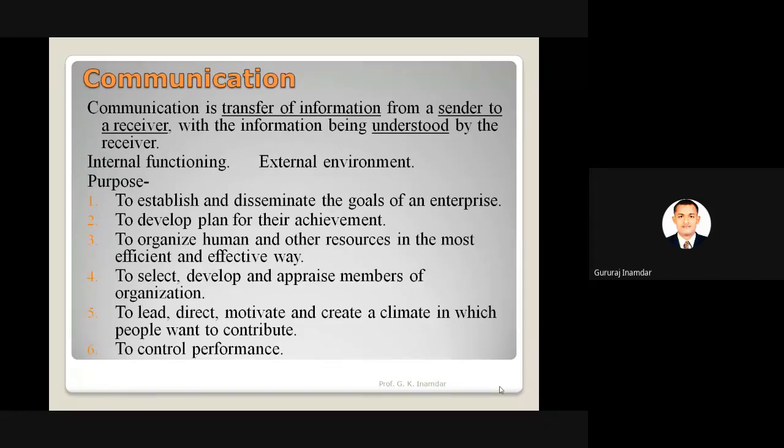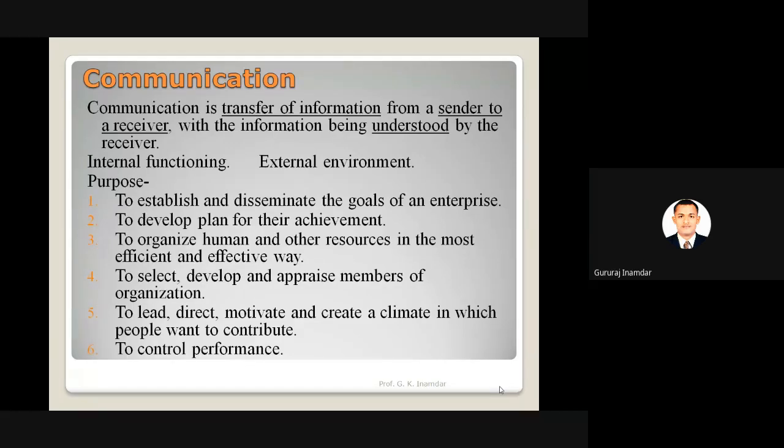Now the next purpose is to select, develop and appraise members of the organization. Definitely. According to the communication process, your behavior, your language, your sound quality, we can distribute workload also. Is it right?